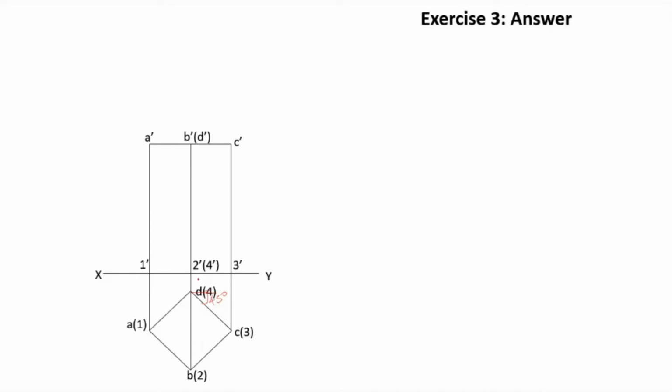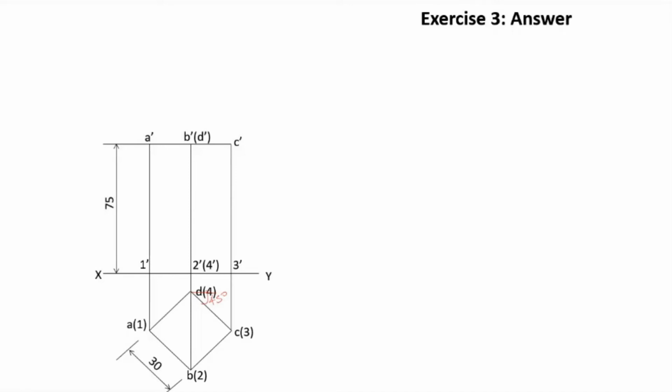D4 is in the back, so D dash and 4 dash will be the invisible edge which we cannot see actually. Since it is behind BD, we don't have to draw it as a dotted line, because BD is anyway a continuous line. Even if we draw D4 as a dotted line, it doesn't make any sense.